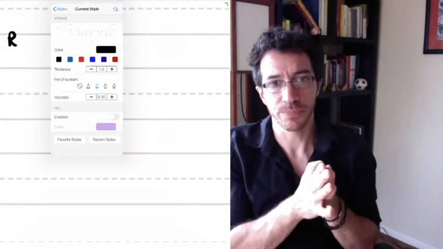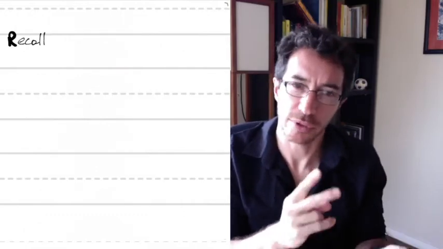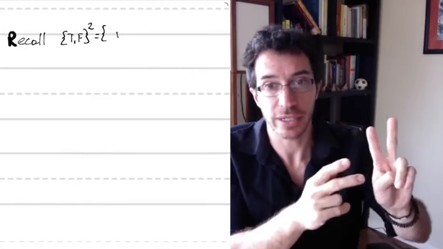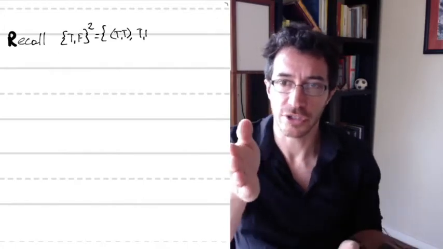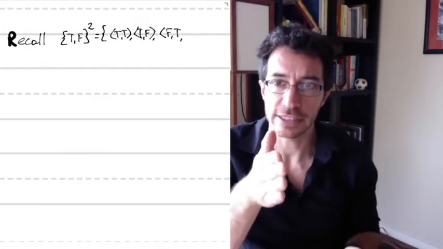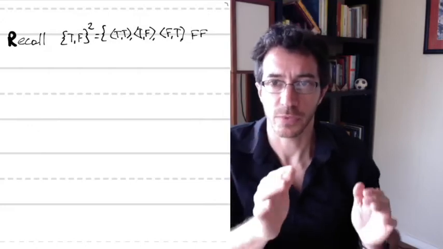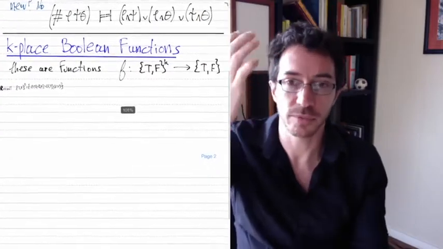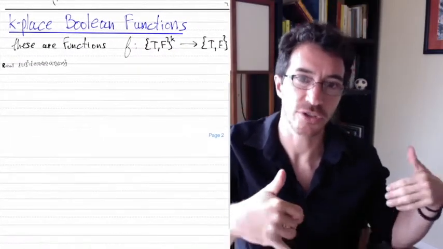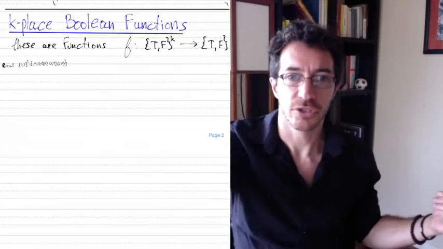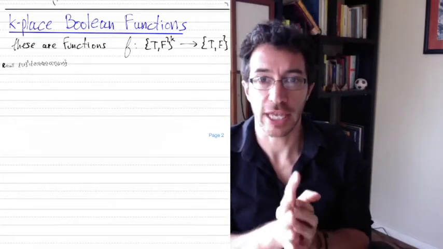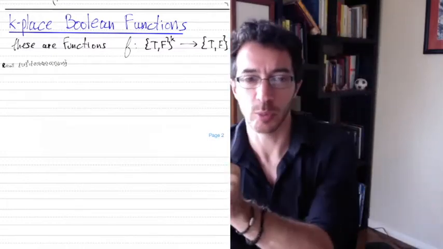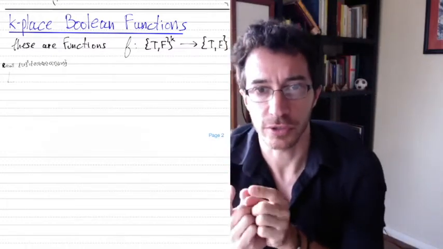Let's do the example of k equals 2: {T,F}^2 is the set of pairs TT, TF, FT, FF, right? So these are the 4 pairs of true or false, and you can do the same with triples, which give 8 combinations, or quadruples, 16 combinations. So the k-place Boolean function takes k-tuples of true and false and outputs just one true or false.